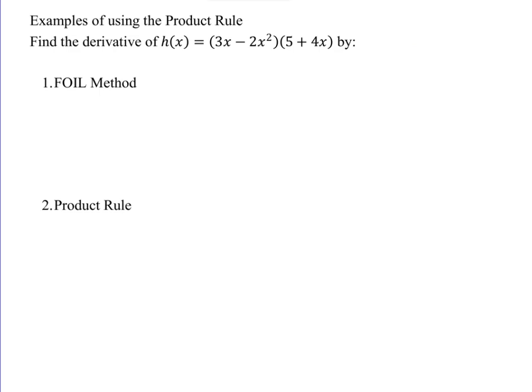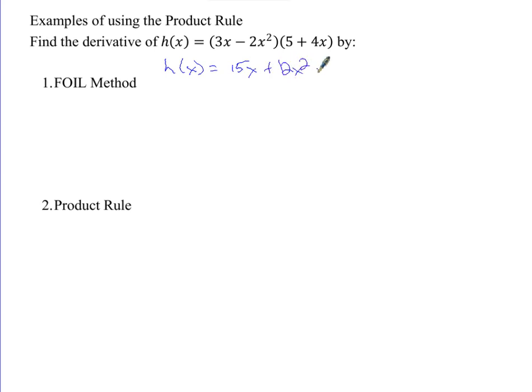Examples using the product rule. Find the derivative of h of x equals that. First, obviously, we could just FOIL this out, and then we could take the derivative. Or we could use the product rule. We're going to do both, just to show you that the product rule does end up with the same result as if you had FOILed this out. So the first thing we need to do is rewrite this. H of x equals, FOIL it, we get 3x times 5 is 15x. 3x times 4x is plus 12x squared.